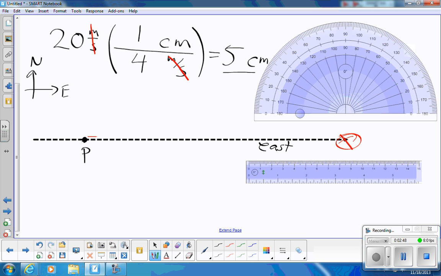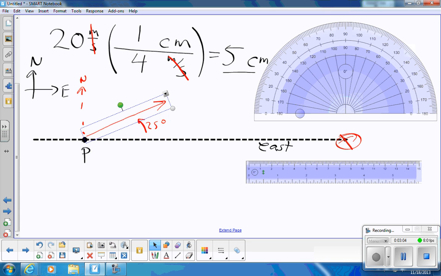So my vector is going to be pointing this way, and I want to move that direction 25 degrees toward north, from east. So I basically want the direction to be somewhere roughly in here, because that's about 25 degrees north of east. Of course, what I'm going to do now is measure everything, so it's within 2 degrees of the right angle. So let me get rid of this.